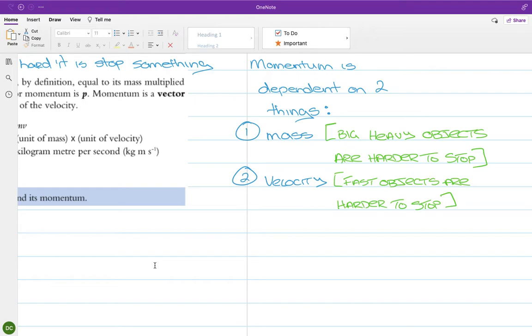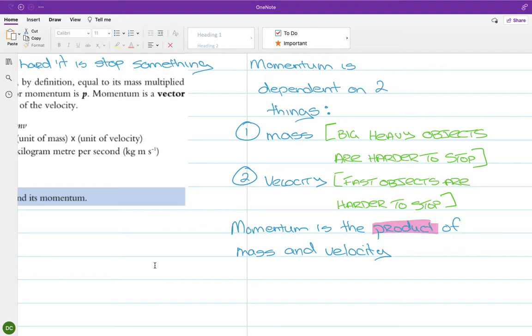Yeah? So momentum, from a physics point of view, is the product of mass and velocity. Okay, and hopefully we remember, but I'll just say it just in case.